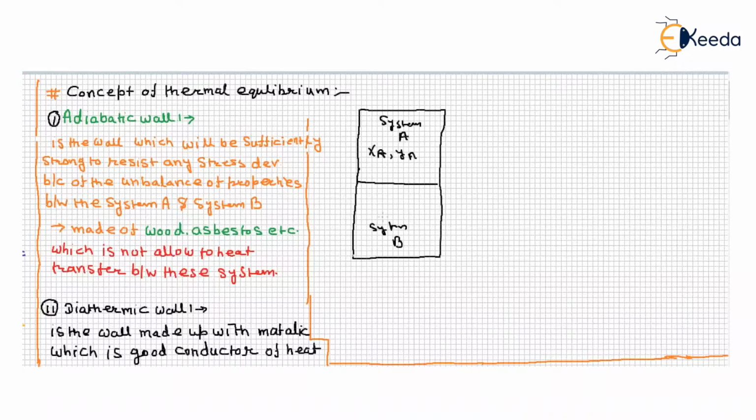And these two systems are in contact with an adiabatic wall. This is your adiabatic wall, right? That means two systems are in contact with an adiabatic wall.